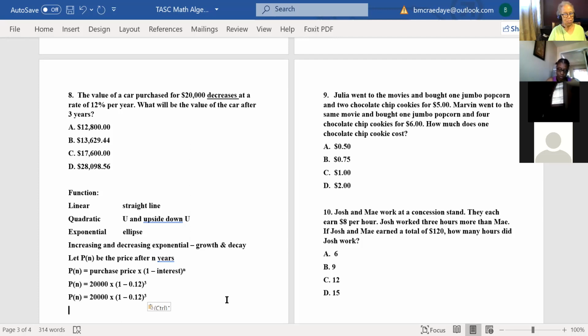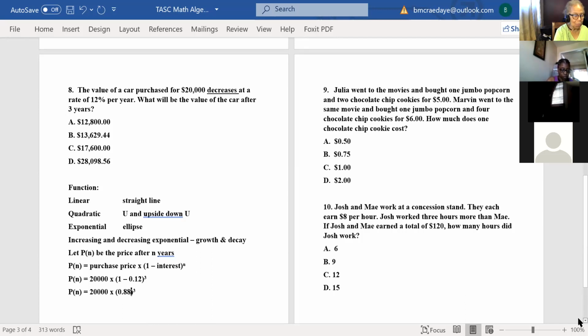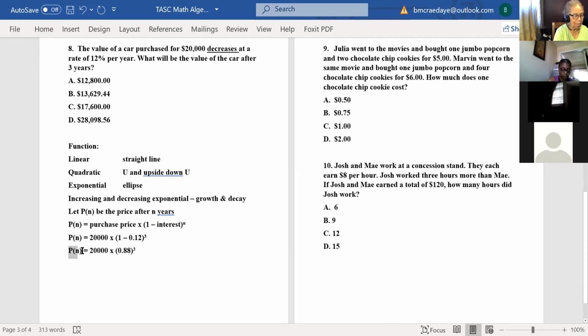When we get to functions, this is something you'll know already, so you would leave this in the parentheses. What is 1 minus 0.12? What do you get for this right here? 0.88. That's right. So you know that part is right. Now cube that, in other words, multiply it by itself 3 times, and then multiply your result by 20,000.